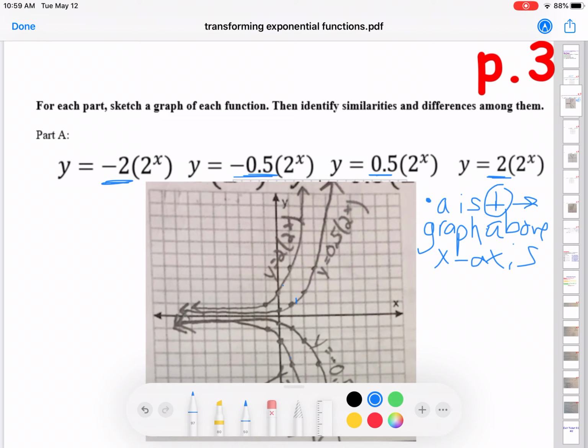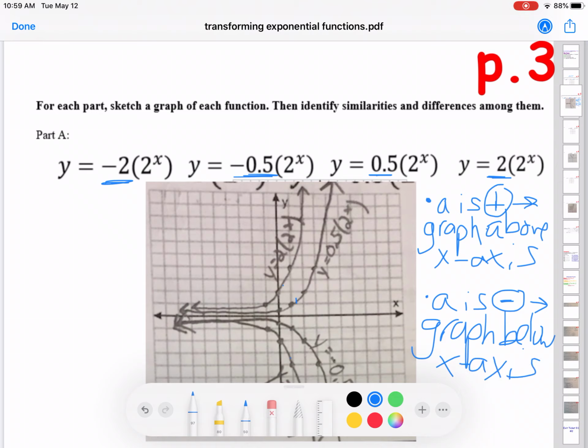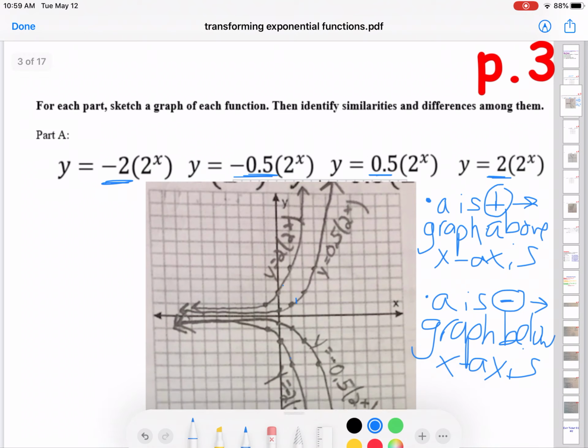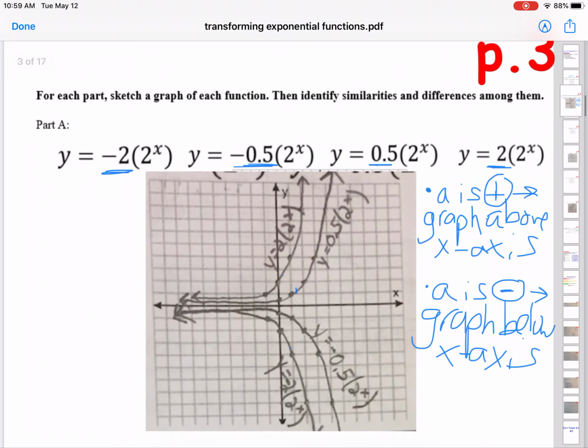However, in the bottom 2, we see that when our a value, that number out front, is negative, that means that our graph is below the x-axis. So that's one way that we see that that value of a out front can transform our graph. It can either have it be above the x-axis or reflect it down below.